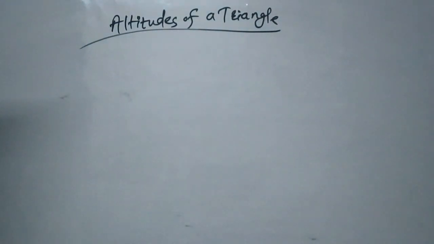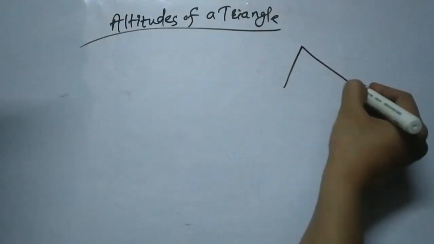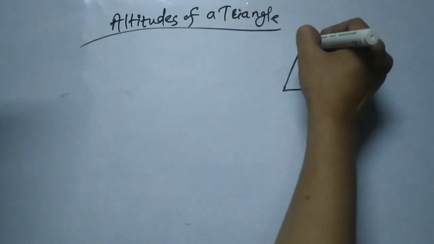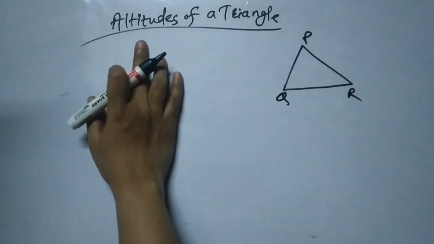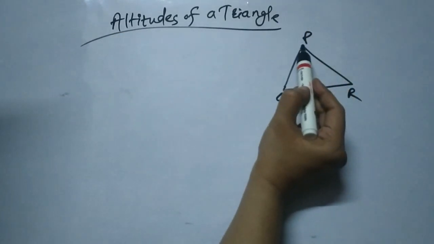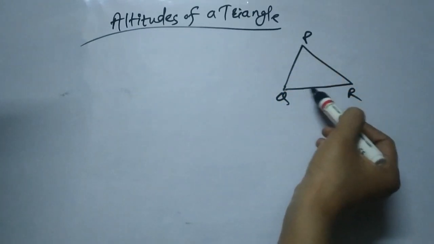So friends, now we'll move to the next concept, that is altitudes of a triangle. So friends, let's consider one more triangle here. This is P, Q and R. So friends, what is meant by altitude? Suppose this is vertex P, and from P I can draw many line segments to its opposite side.